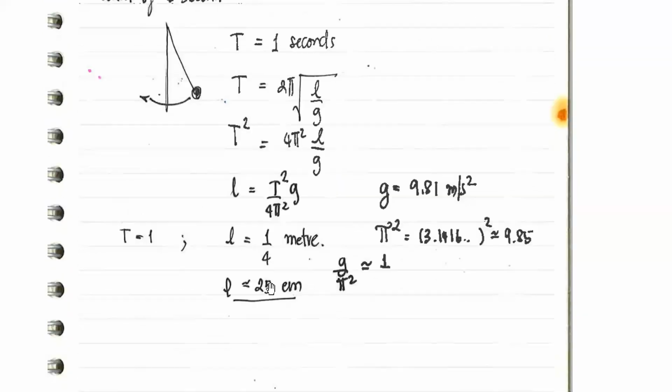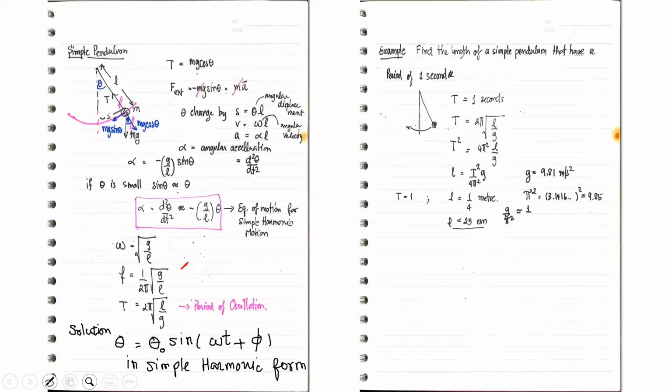And this is also a situation where it can be used to measure the gravity of some other planet, because g is changed by the planet, but the length of the pendulum and the period are not.